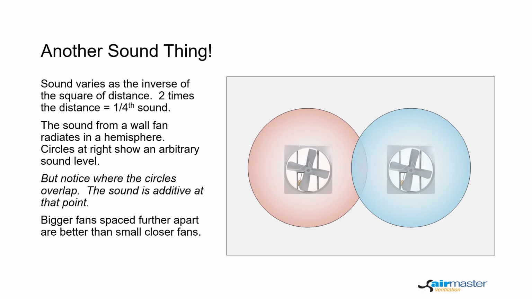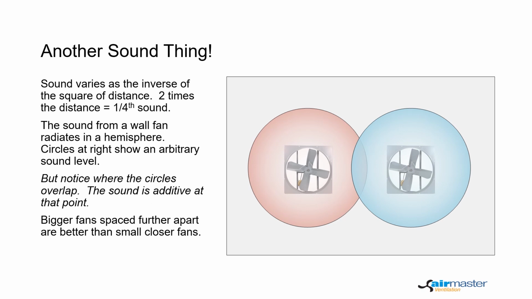So, twice the distance means 1/4 of the sound, and 4 times the distance means 1/16 of the sound. So, sound dissipates fairly rapidly with distance unless reflected or refracted.